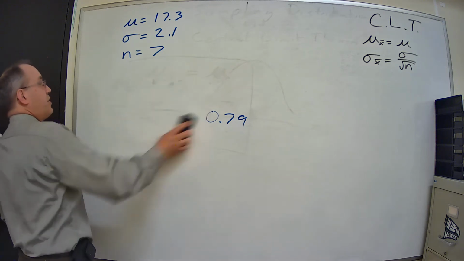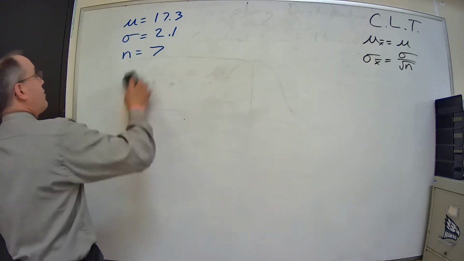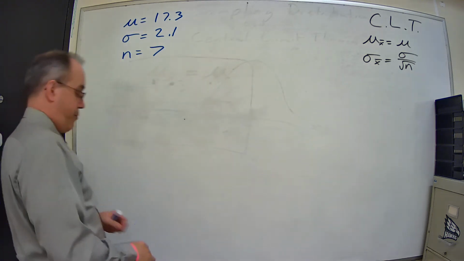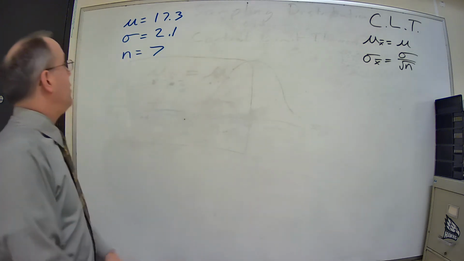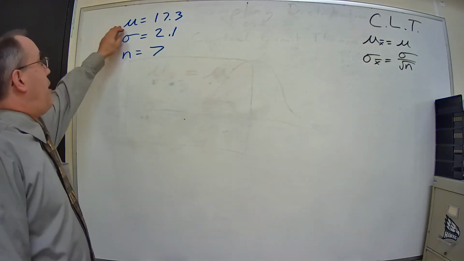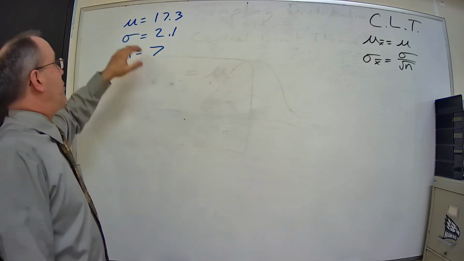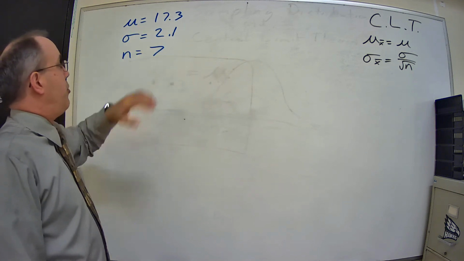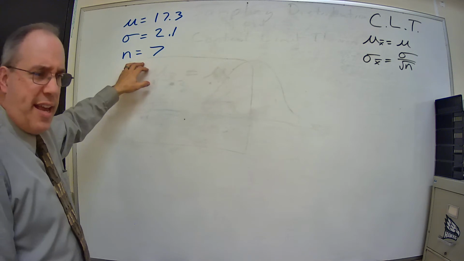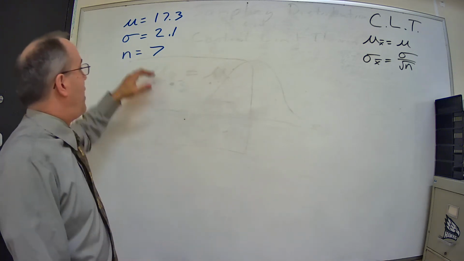So let's take a look at this. Let's start out with, well, why not start out with something like this? So we'll stick with the population mean being 17.3, the standard deviation being 2.1, and when we take a sample, it's going to be a sample size of 7.